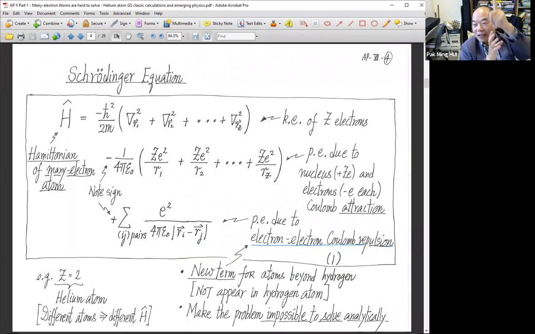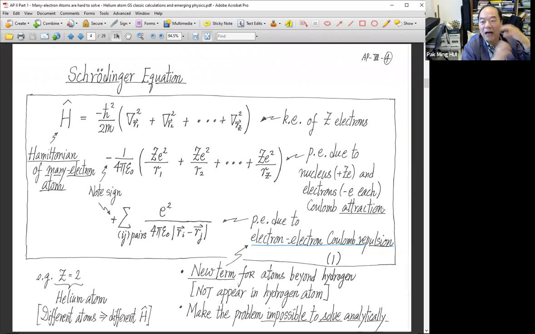Now, let's write down the Hamiltonian for this general atom. We assume the nucleus to be fixed at 0, 0, 0. If you are not happy, take it as a Z plus 1 particle system, you do classical mechanics, center of mass, etc. This is your business.